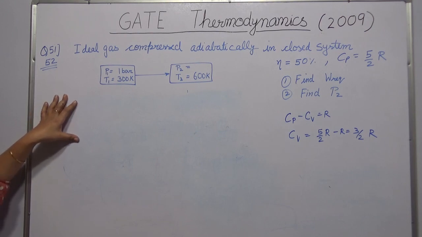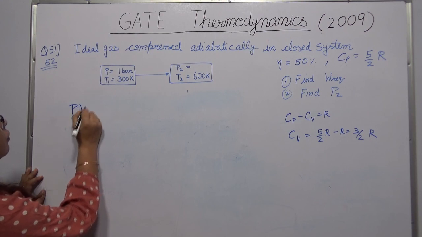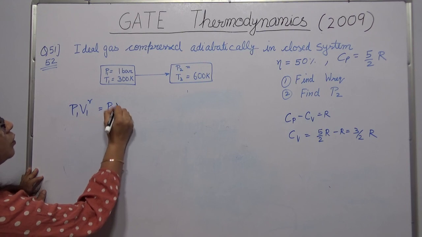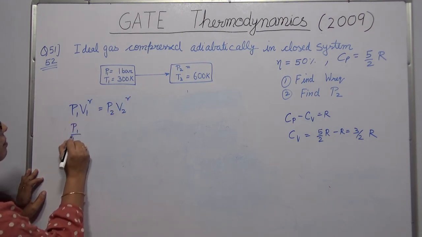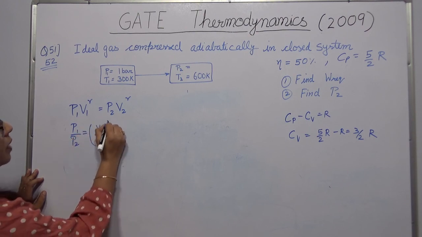Okay, in order to find out the final pressure, what we will use is that for an adiabatic process, P1 V1 raised to gamma is equal to P2 V2 raised to gamma. Or I can write that P1 by P2 is equal to V2 by V1 raised to gamma.